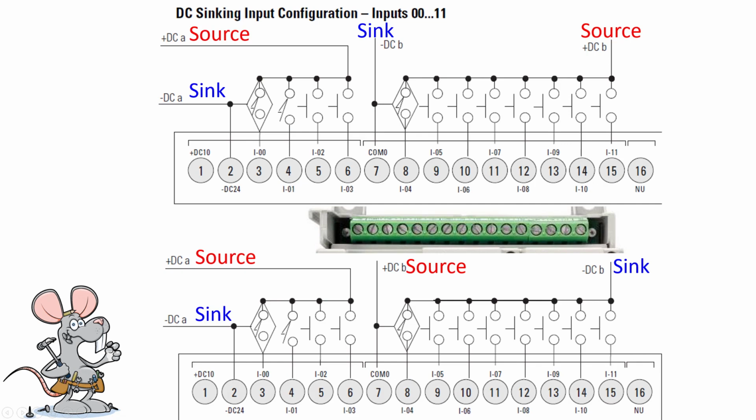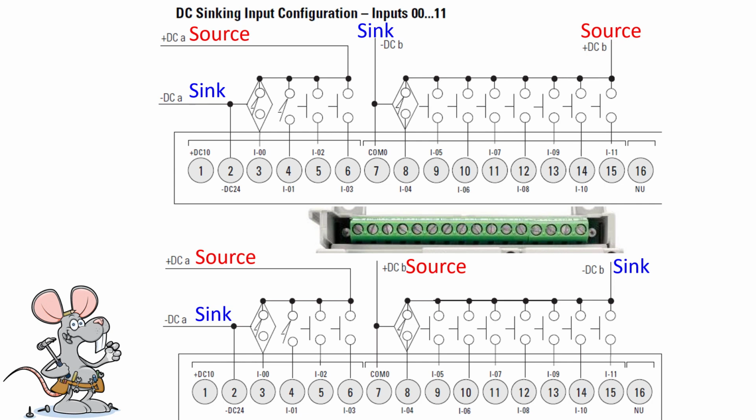This is a comparison between sinking and sourcing. Now remember the specifications for the 820, the QBB, is that the first 4 inputs are, and it says, sinking only. What they mean is that the inputs can only sink from the sensors. Sinking is the half of the circuit that goes to common. So the source is 24 volts DC.